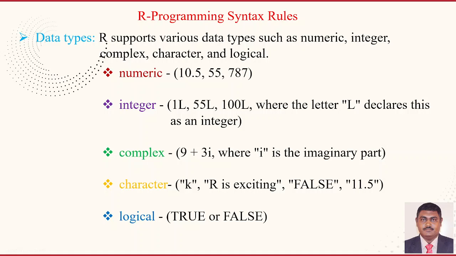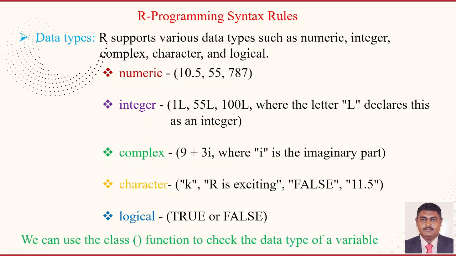It may be single or multiple characters, like 'K' or 'R is exciting', "FALSE", "11.5", whatever symbols or letters, whatever numeric value you use within the quotes is treated as a character. Logical. Whenever using logical values, you can use either TRUE or FALSE. These are some of the data types frequently used in R programming.